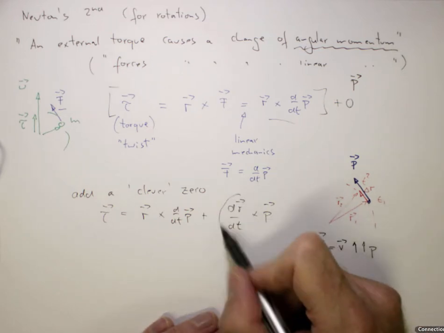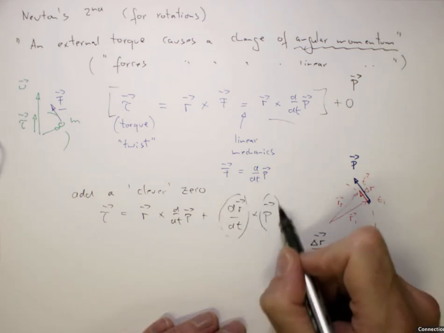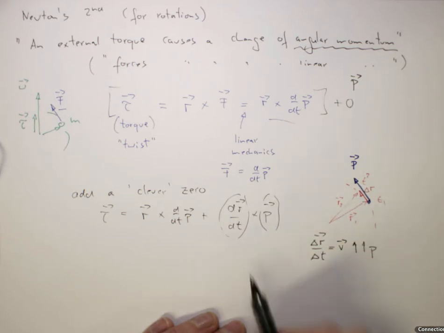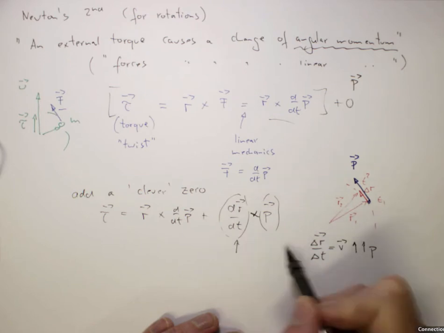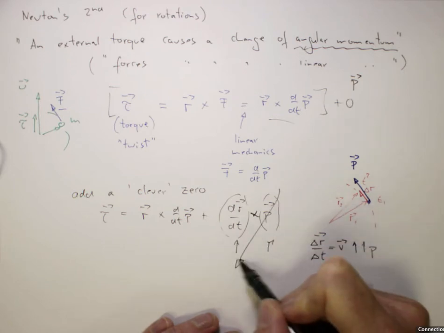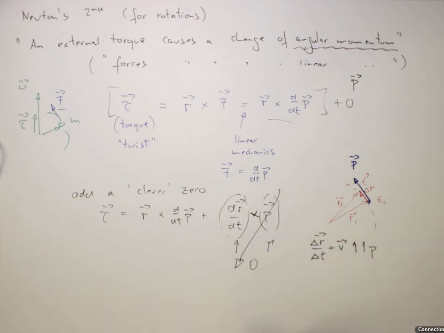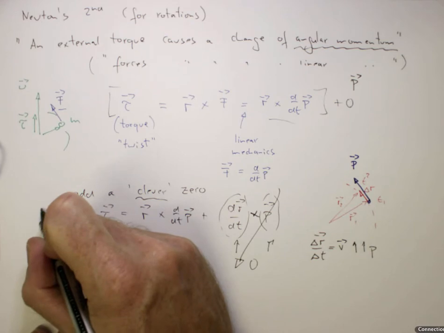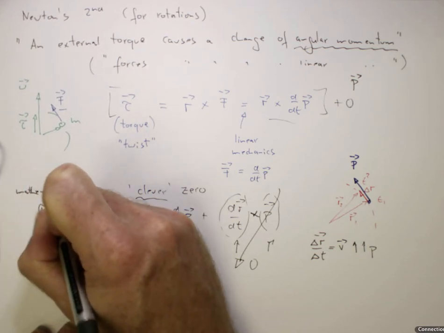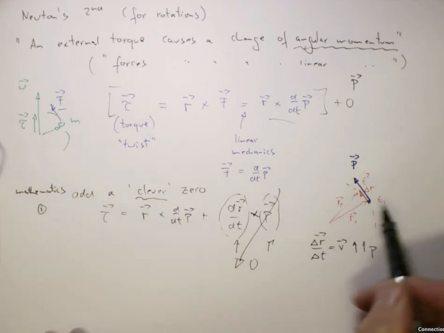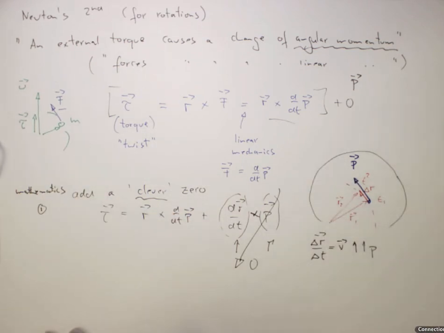So this vector is parallel to that vector, and the cross product between two vectors that are parallel is 0. So this is why this can be called a clever zero. Okay, so this is the first input of mathematics, which involves some physics thought, namely this argument here.